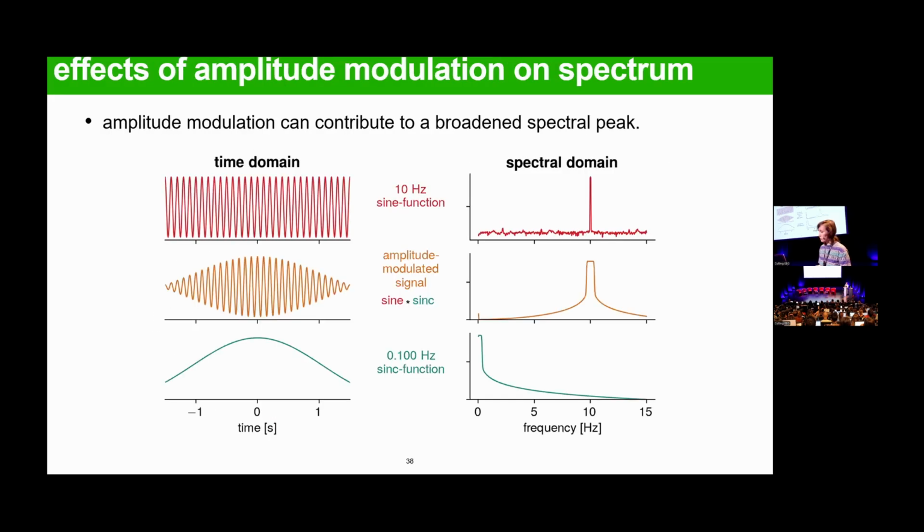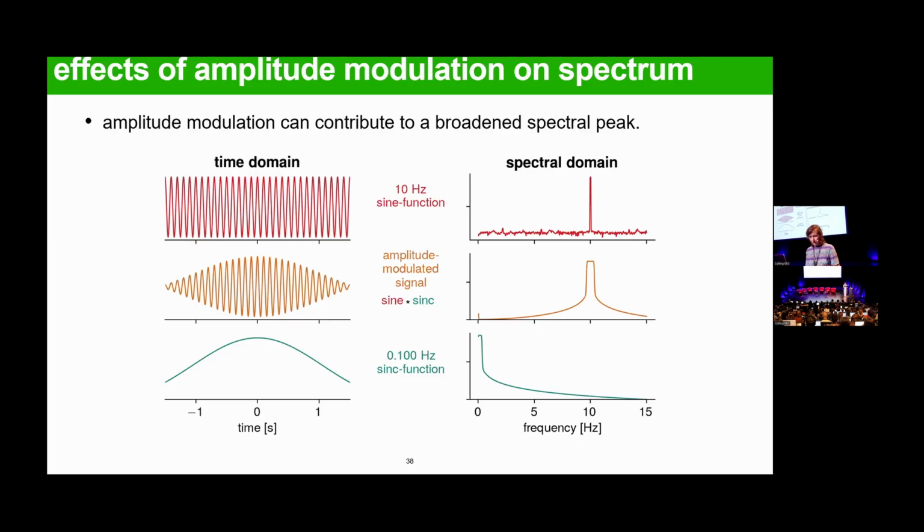So let's demonstrate this a little bit. If you have a sine function and you compute the spectrum of that, it gives you one singular peak at one value. If you have some kind of slow modulation going on and you modulate your simple sine with this modulator function, you will capture aspects of the modulating function in the product, so to say.